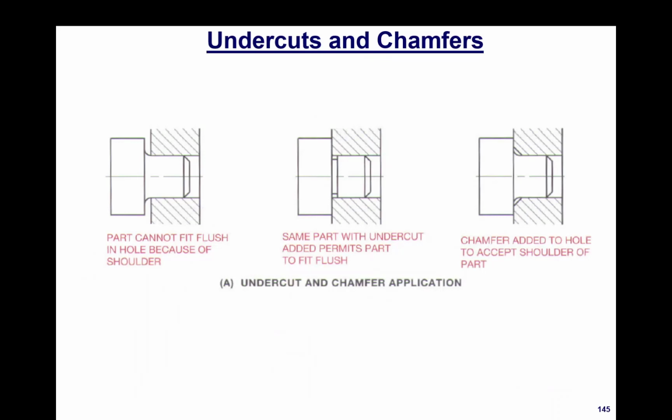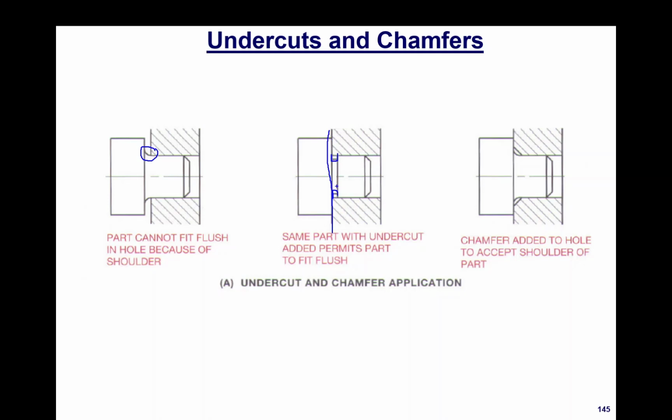Now what you will see here on the left is this component has a filleted or a radius between where the shaft steps up to a different size, and you could see here this would interfere with the fitment of these components. So what has been done here is they've undercut the component using a parting tool on a lathe, so that now we can fit this component and the surfaces sit flat against each other.